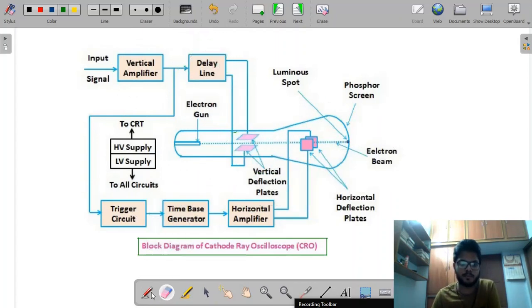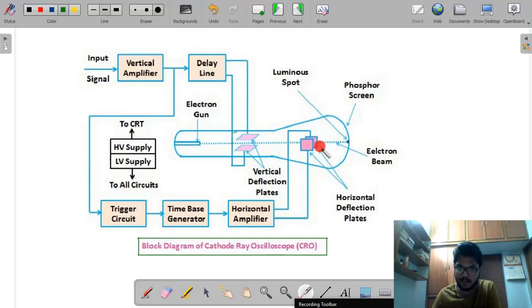Now, this entire thing is known as a CRT. CRT is made up of glass. In this CRT we have a vacuum, so this is a glass enclosed vacuum.